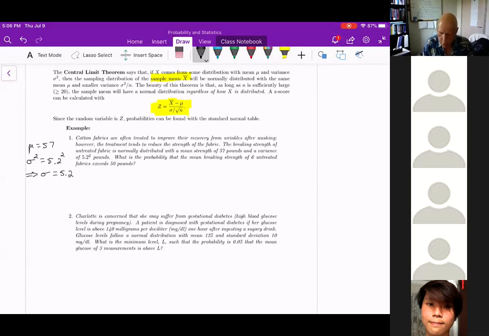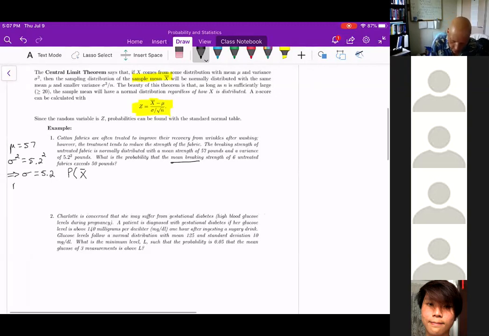We want to know what is the probability that the mean breaking strength of 6 untreated fabrics exceeds 50 pounds. So here is my clue as to what I want a probability of. Probability of the mean breaking strength, so that's x bar, of 6, so that's my sample size, which is denoted by a little n.